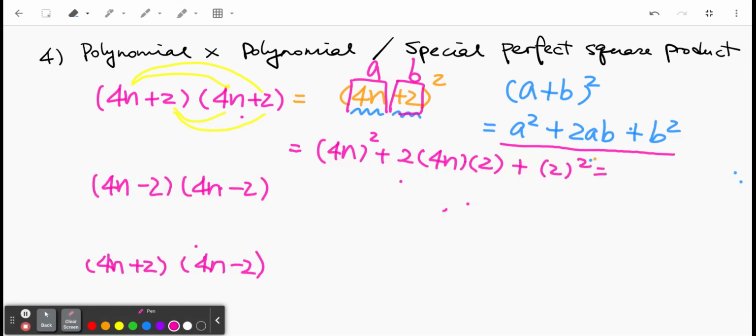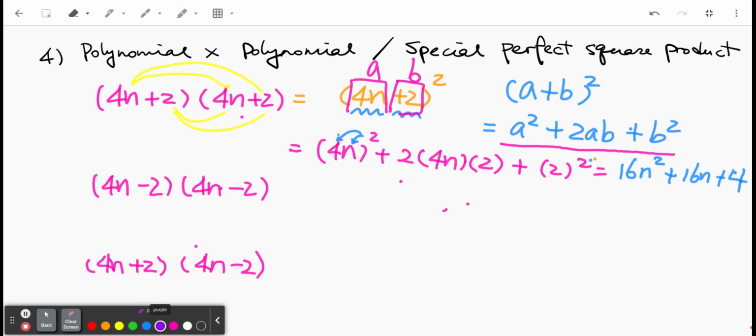Then you expand it. 4n squared, make sure the 2 is distributed to the 4 and to the n. So 4 squared is 16, n squared is n squared. Plus 2 times 4 times 2 is 16n plus 4.